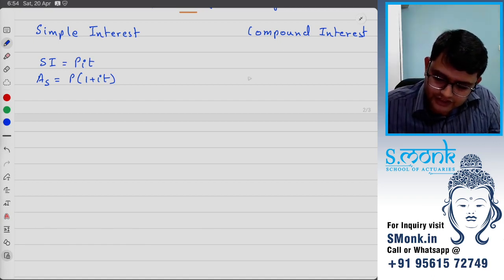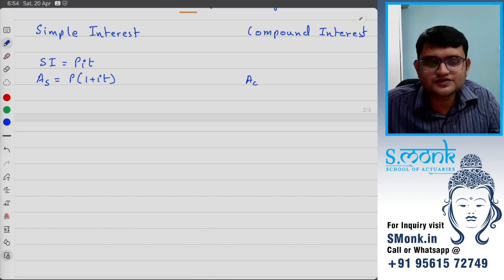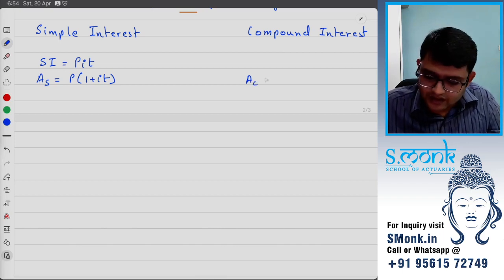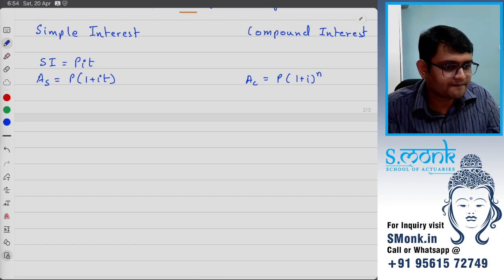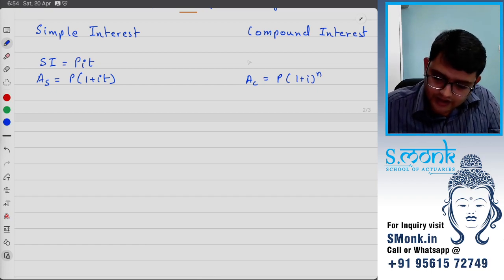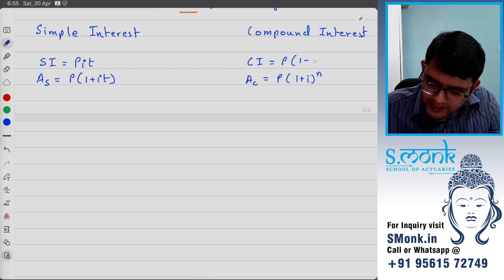In compound interest, we usually first calculate the amount that has been achieved after n years. So we say P into (1 plus I) raised to n. And the compound interest, we'll say, is the amount minus the principal.